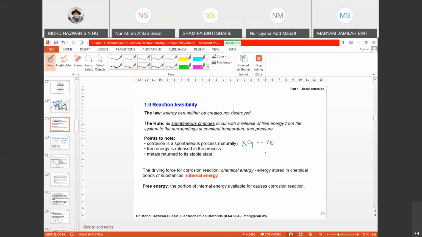So when delta G is negative, this means that the process is spontaneous. What does spontaneous mean? When you put the material, it will automatically or immediately form product. Immediate product formation.